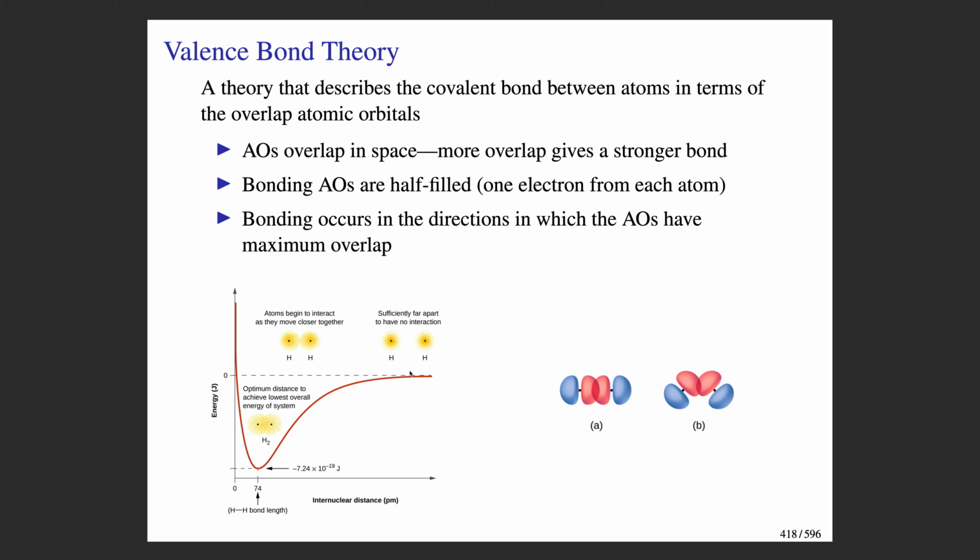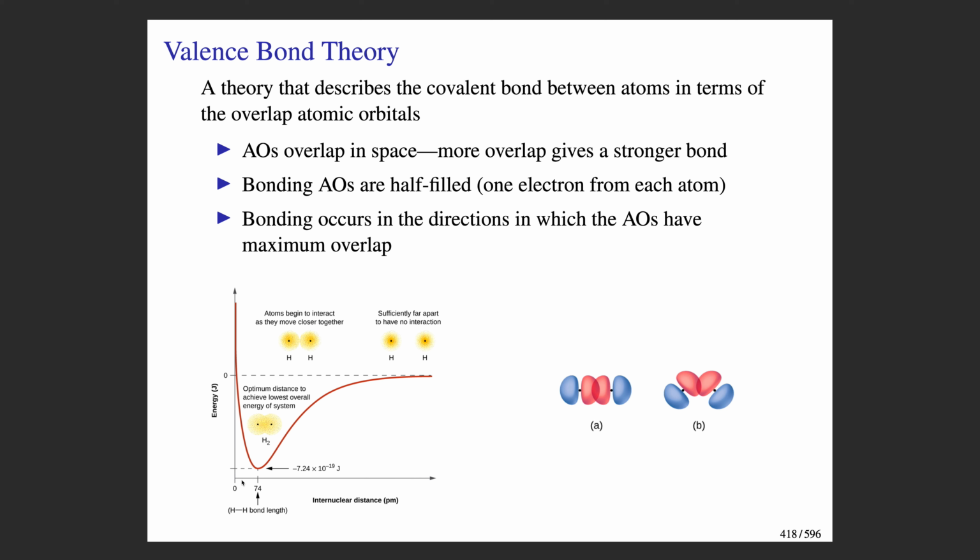And as you bring the two hydrogen atoms closer and closer together, the atomic orbitals of the two atoms start to overlap in space. And at a certain point, you have very good overlap between the two atomic orbitals, which leads to electrons being shared between the two atoms. You can see that results in the energy being lowered, which means that the diatom is more stable than the two separated hydrogen atoms. And that's what we get for the covalent bond.